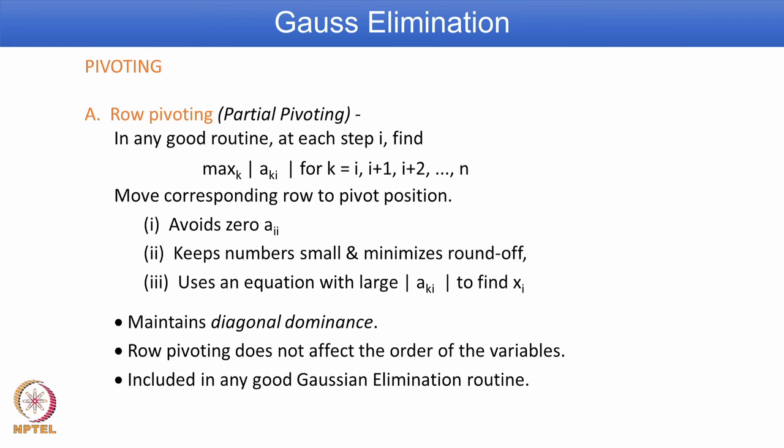It maintains diagonal dominance. We already saw why it maintains diagonal dominance. The row pivoting does not affect the order of the variables. So, this is very important, because we are dealing with the matrix, we are dealing with the unknown coefficients, it should not change the order of the variables, and it is included because of these properties in any good Gaussian elimination procedure. So, normally we do only row pivoting.